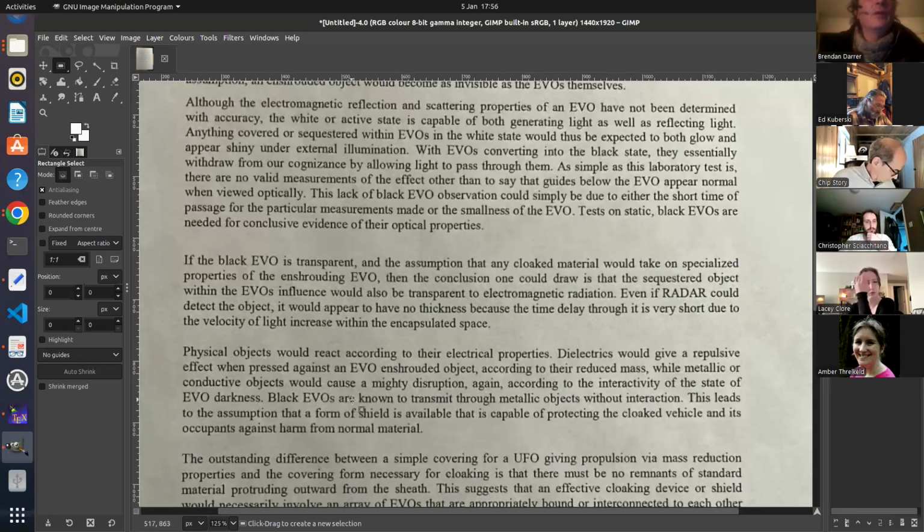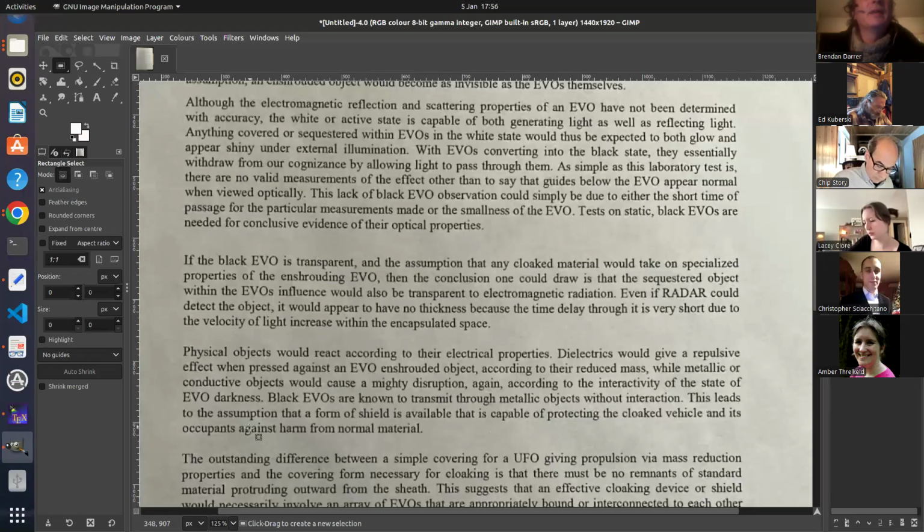Black EVOs are known to transmit through metallic objects without interaction. This leads to the assumption that a form of shield is available that is capable of protecting the cloaked vehicle and its occupants against harm from normal material.